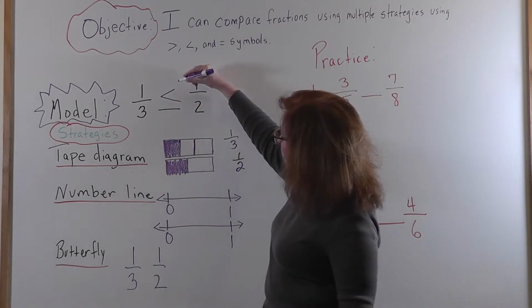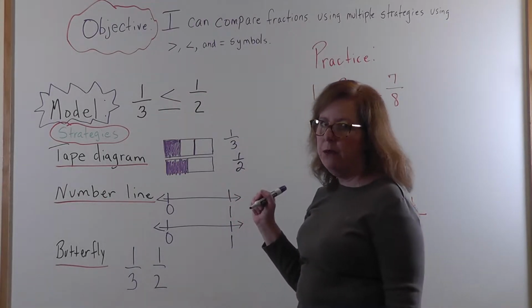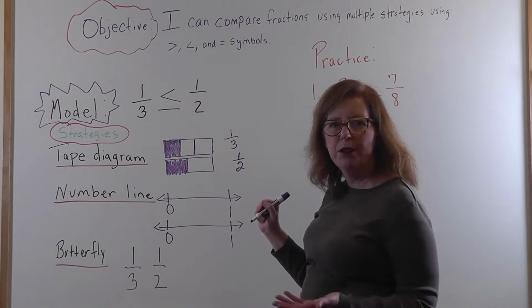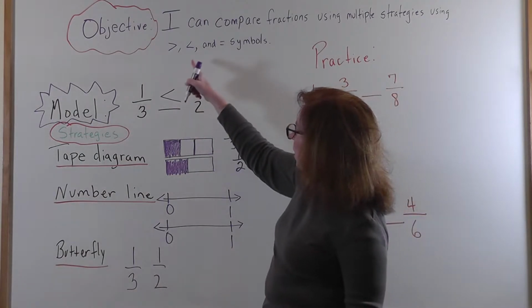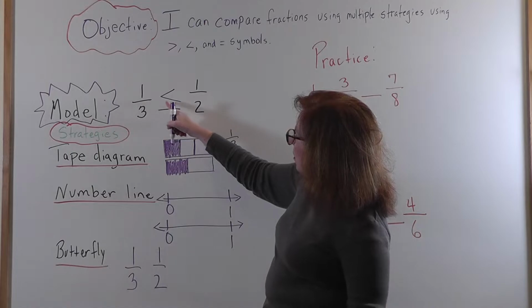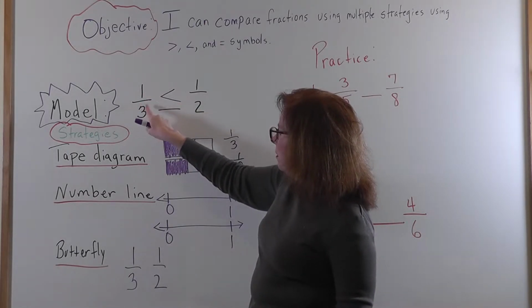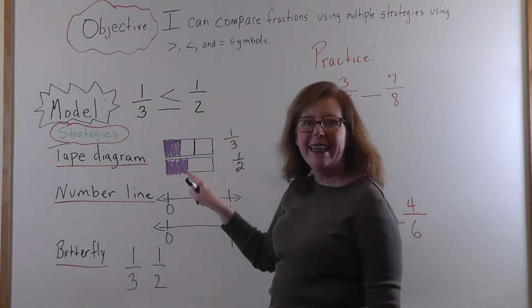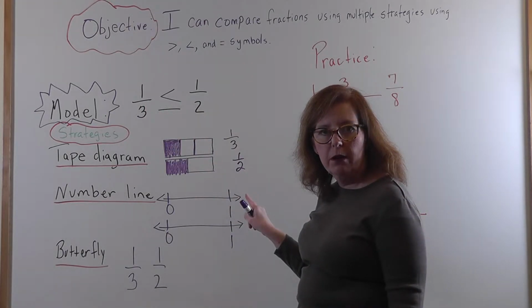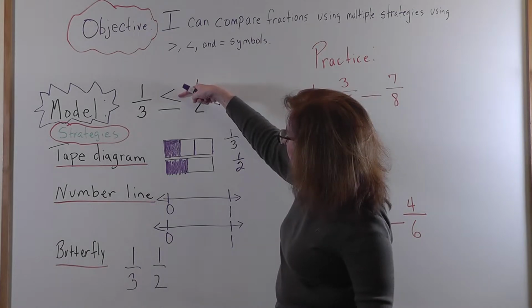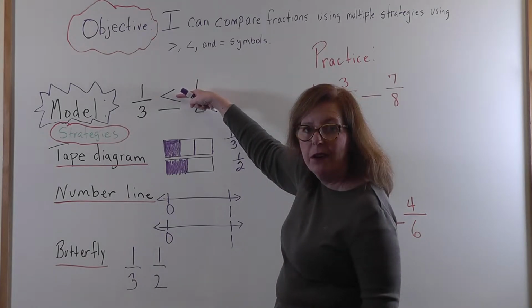And this is like an alligator. When you compare fractions or numbers, you use a greater than, less than, equal sign. The lower number always eats the larger number. So this is the mouth right here of an alligator.